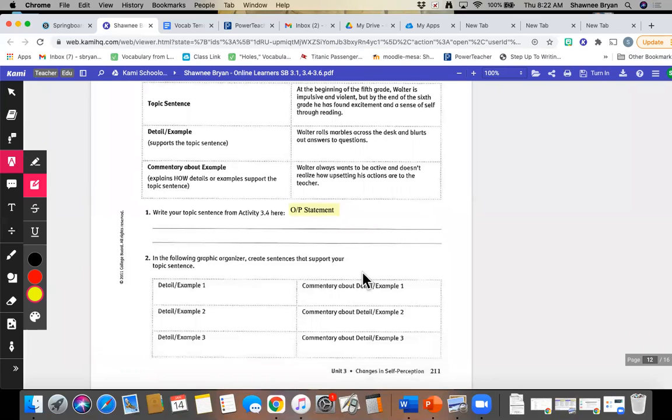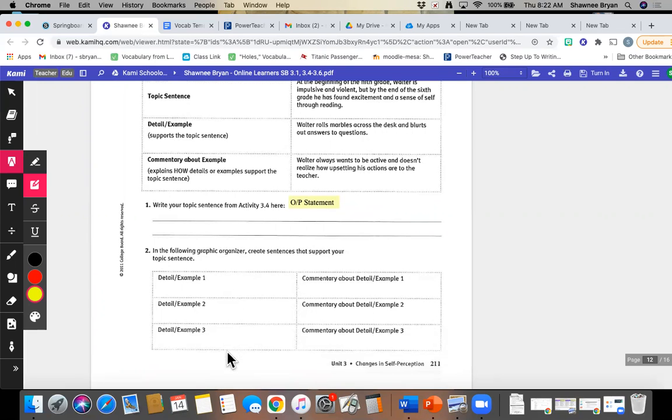And then you are going to have to come up with 3 details and 3 pieces of commentary to support your OP statement. So if you are talking about how much Walter struggled, you might give specific examples as to how he got in trouble here. If you are talking about Walter excelling, you again are going to give specific examples on how he began to change and do really well in school.